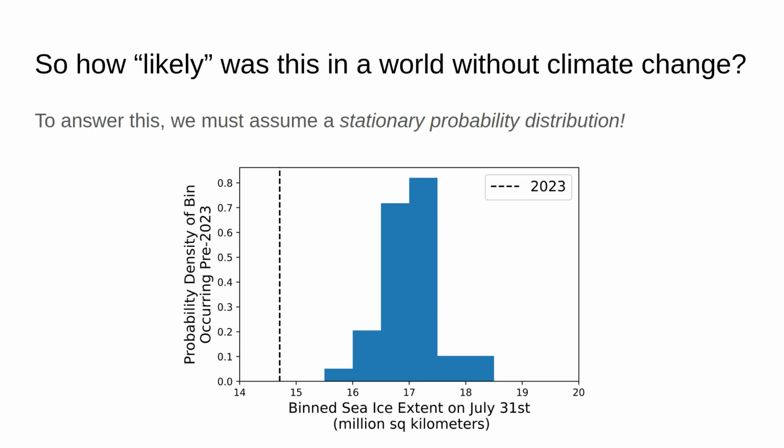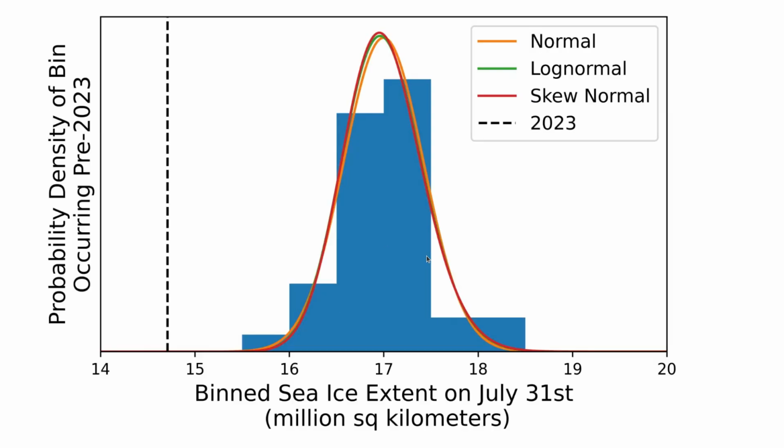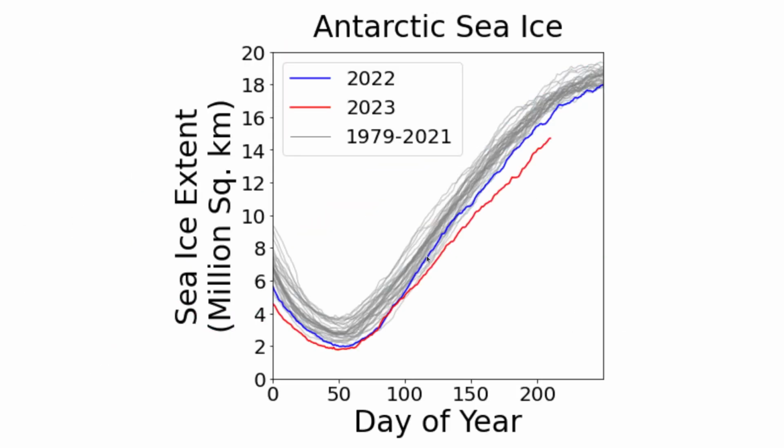So we have this central 17 number that it's most likely to be based on historical data, and then it gets less and less likely as you move further away. And then we have this year that I've marked in dashed, 2023, where it's below 15 million square kilometers, and that is way outside of our historical experience, way outside of this histogram, this bar plot, and we can just jump back to that first slide. You can see that it's way outside of our experience.